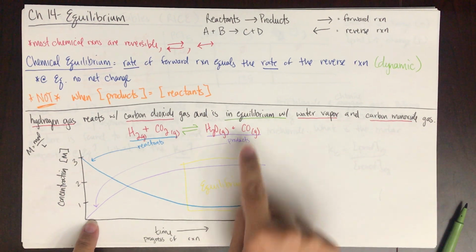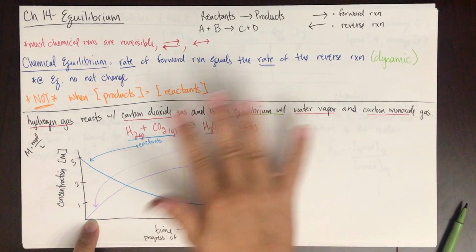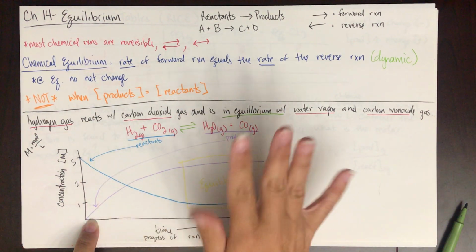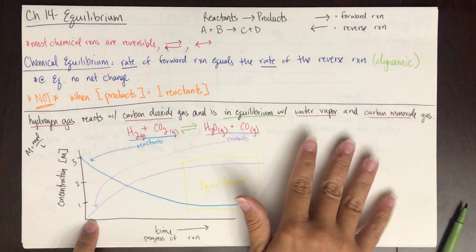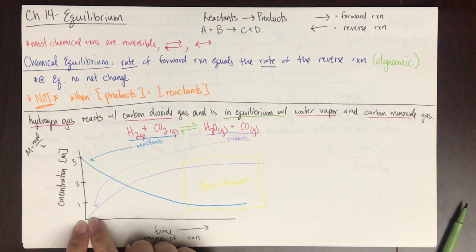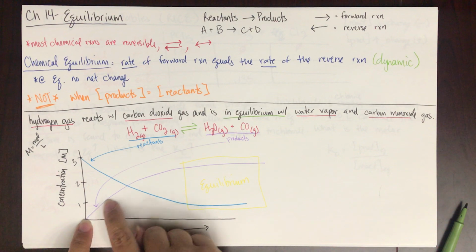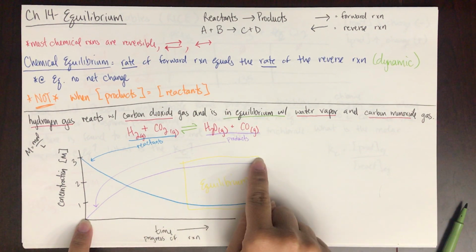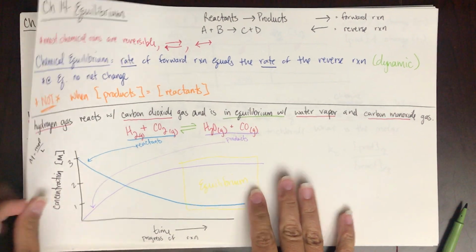The opposite is true for the products. Again, this is not specific to this reaction. This happens for all reactions in equilibrium. We initially start out with no products. So over time, as we reach equilibrium, the change in the concentration of products is going to increase.